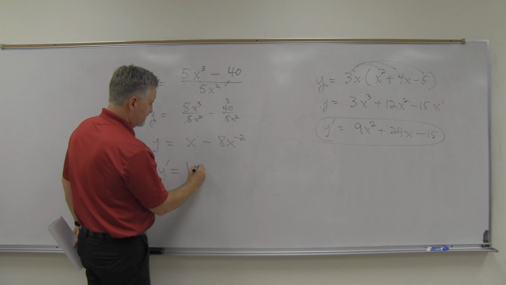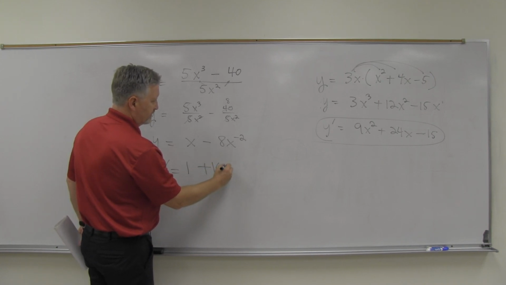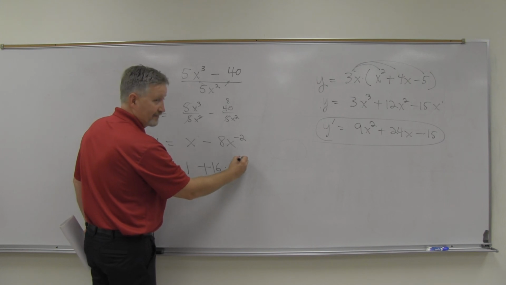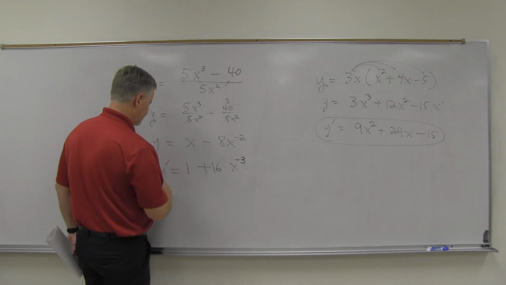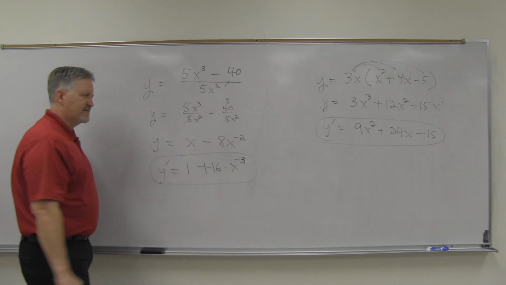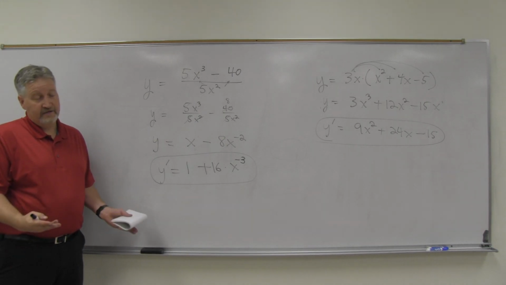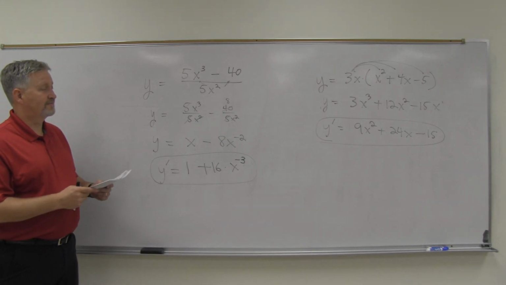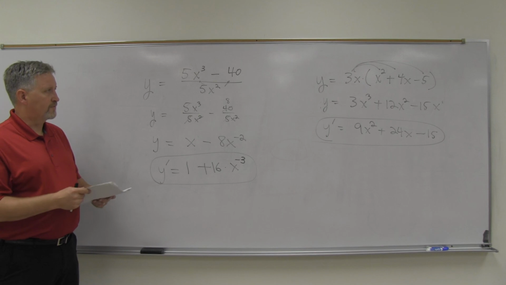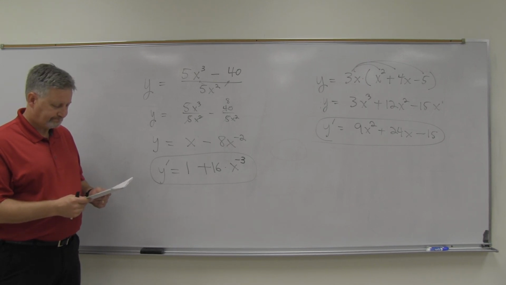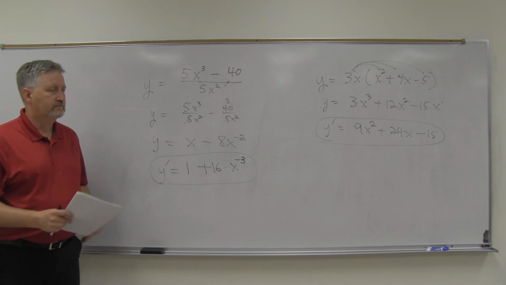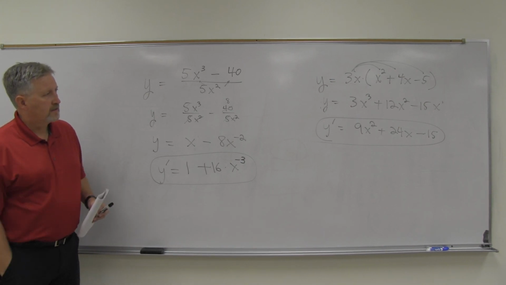Here, bring down the power to be plus 16, x to the, subtract 1, what's the power? Negative 2 minus 1 is negative 3. So that's how sometimes you can do division. Sometimes you won't be able to do quite that. So we'll talk about that more later on. Any questions on that?